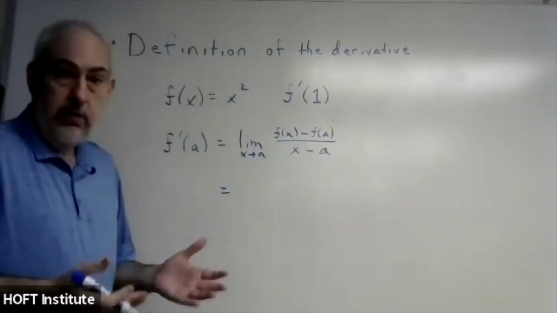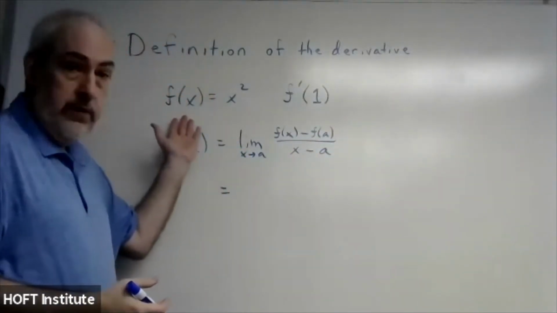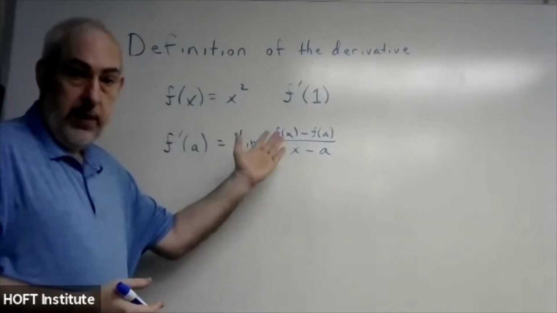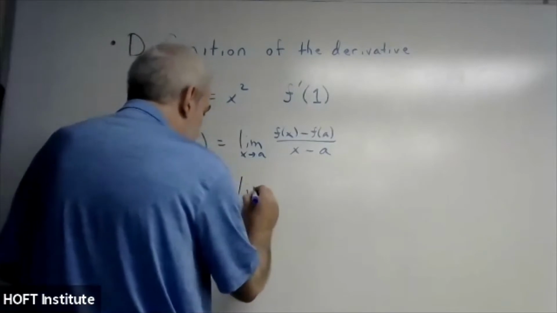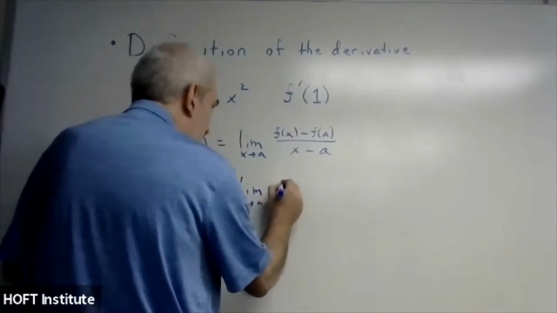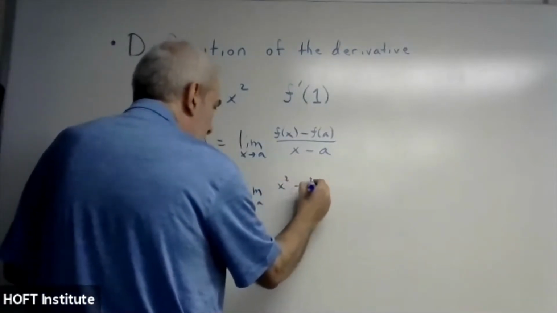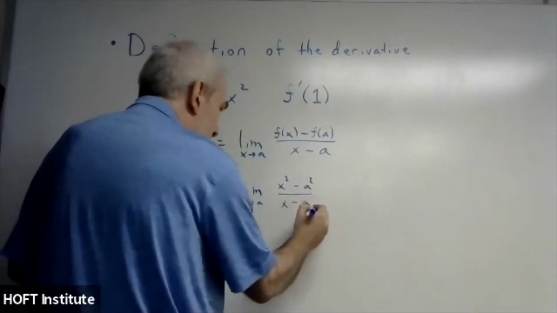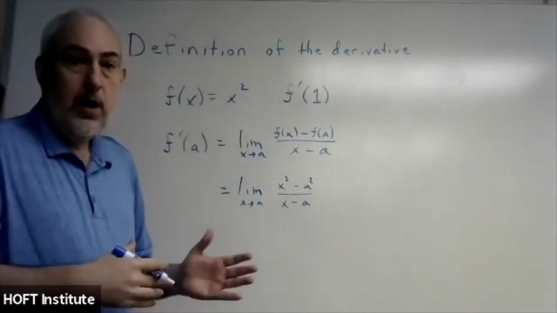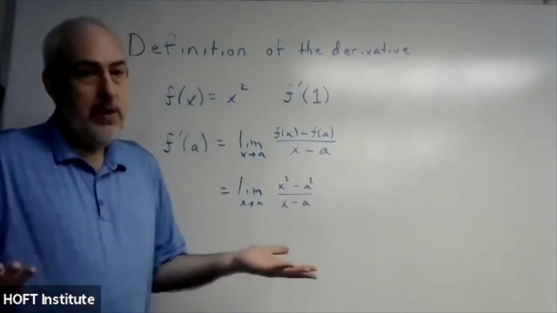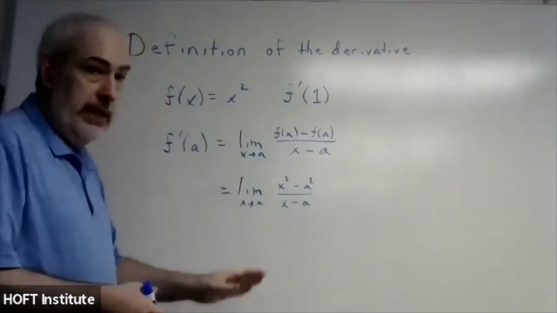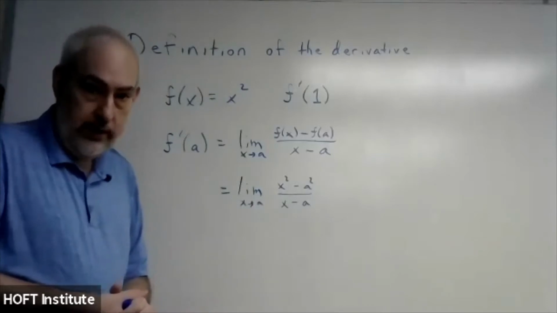Then using our function, which is x squared, f of x becomes x squared and f of a becomes a squared. So we have the limit as x approaches a of x squared minus a squared over x minus a. Oh, we're doing the derivative at 1, so I should really replace all of these a's with 1's.